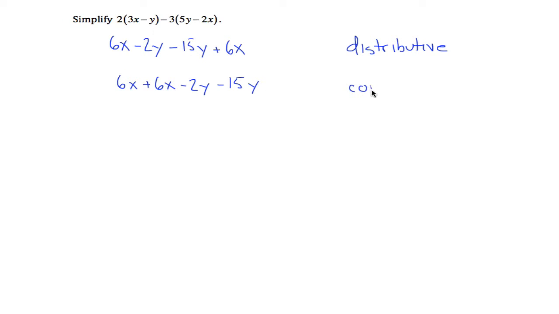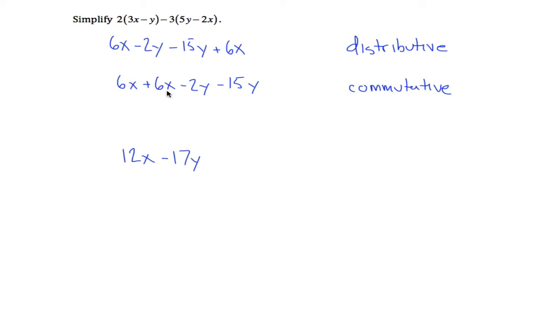So this is the commutative property. And the reason I applied the commutative property is because now it's a little bit easier to see how to combine like terms. You could probably say 6x plus 6x is 12x, and negative 2y minus 15y is negative 17y.